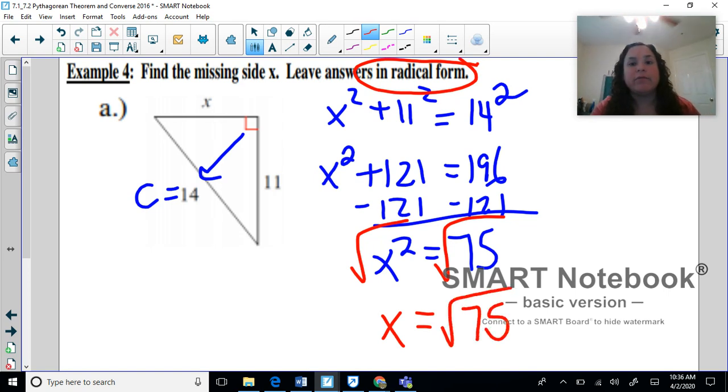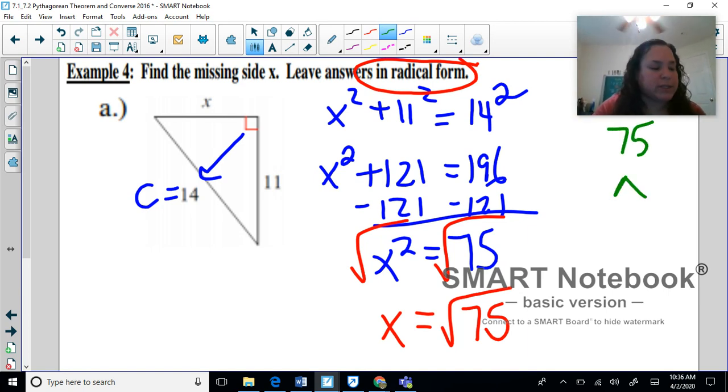In the simplifying radicals videos, we learned how to simplify 75 by using the factor tree. So we're going to break this down, all right? We're going to break down the 75 by dividing by 5 because it ends with the number 5. So 5 times 15 is equal to 75. And we're going to break down 15 into 5 times 3, all right?